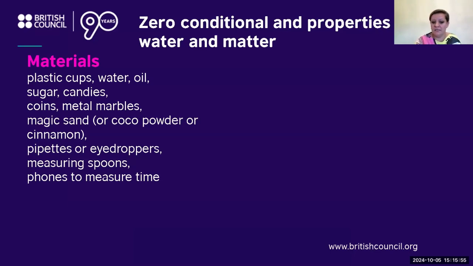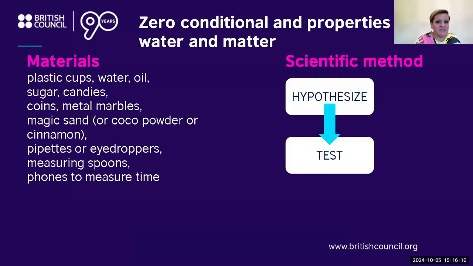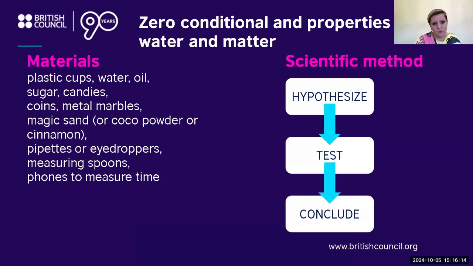So I explained zero conditional, I provided some examples, and then the students moved to this so-called scientific method. They hypothesize what usually happens when we do some things, they test their hypothesis, and then write a conclusion.